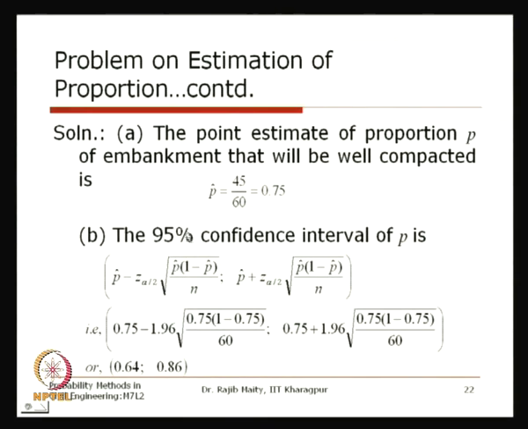If we increase the confidence level, for example from 95% to 99%, then the interval will go wider. This one will become even lower and this one even higher. So, at the 95% confidence level, the confidence limits are 0.64 and 0.86.